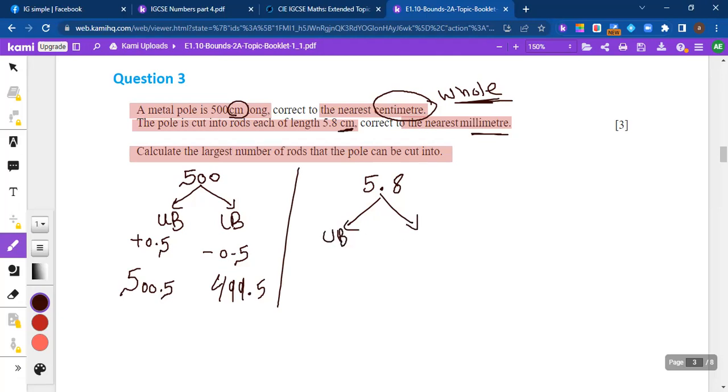So it will be plus 0.05 and minus 0.05. So it is 5.85 and here 5.75.